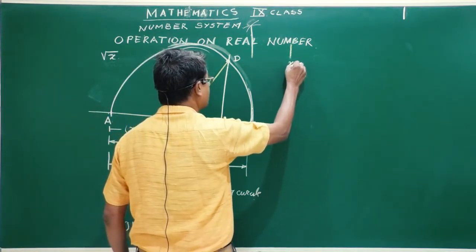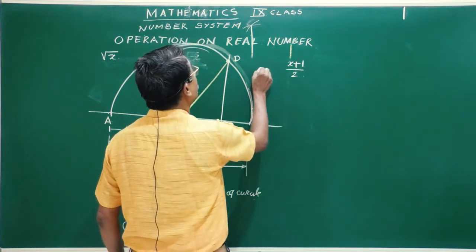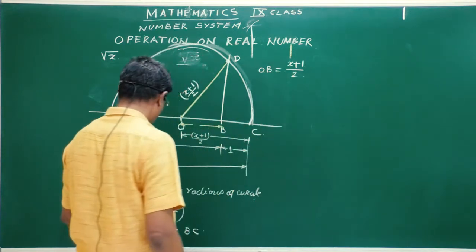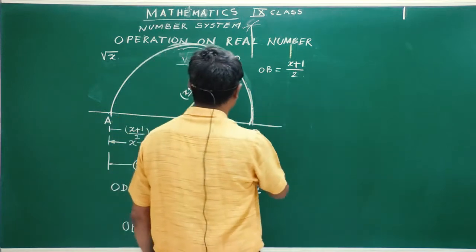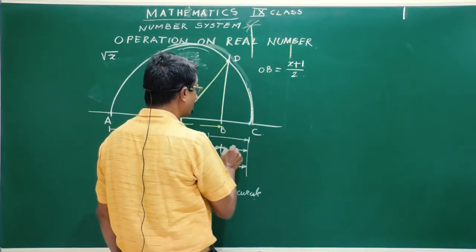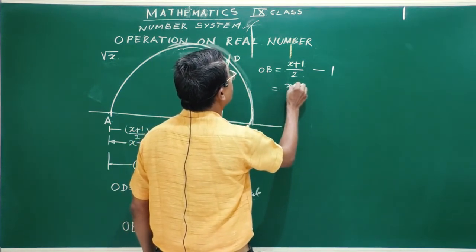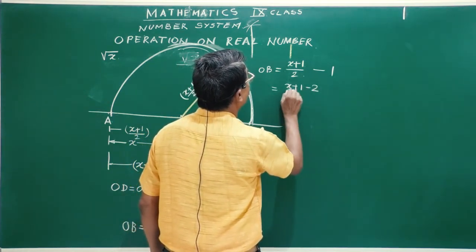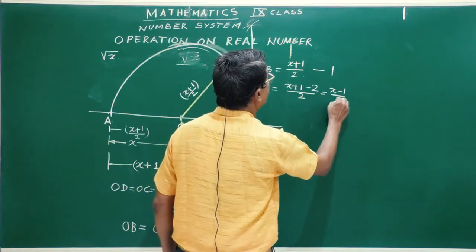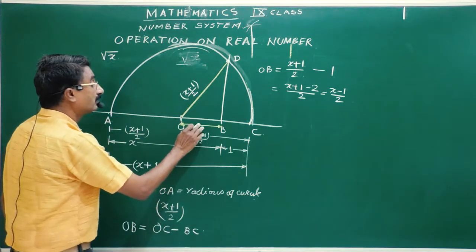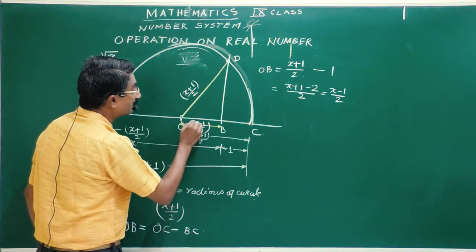OC is (x plus 1) upon 2, and BC is equal to 1 unit. So this is (x plus 1 minus 2) upon 2, which is equal to (x minus 1) upon 2. So this distance is (x minus 1) upon 2.